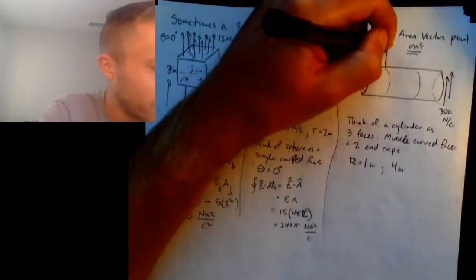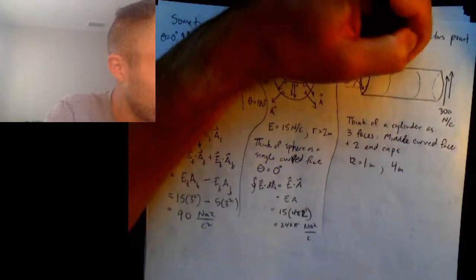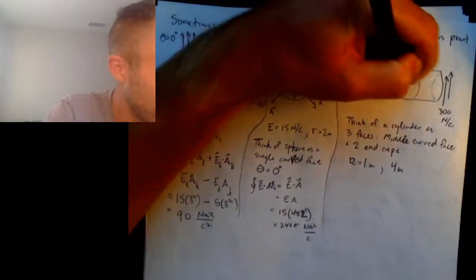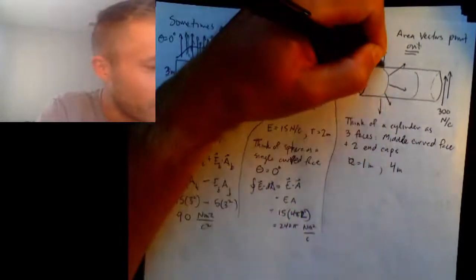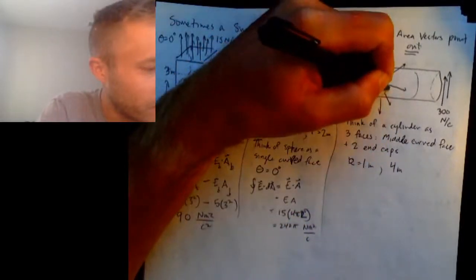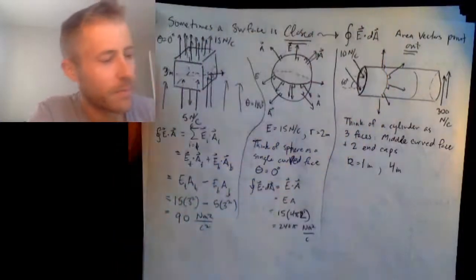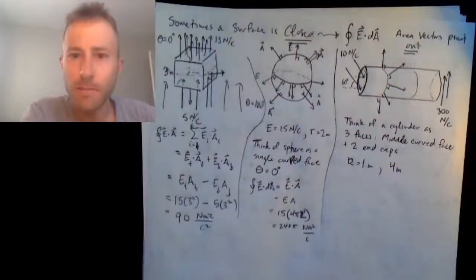So the electric field is kind of doing like this sort of a thing, where it's always at a right angle to the surface. Okay.